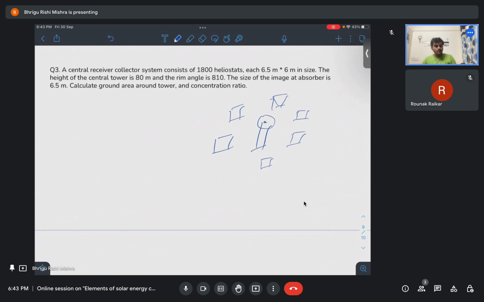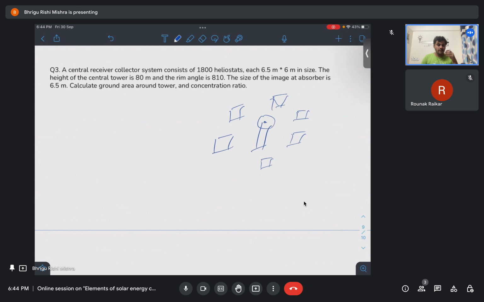Okay, so one thing is important, like how to place these heliostats on the ground. There are different structures or patterns in which we can place these heliostats, because it takes a large area, and we don't want one heliostat to shadow another heliostat, so that it either blocks the incident radiation or blocks the reflected radiation.